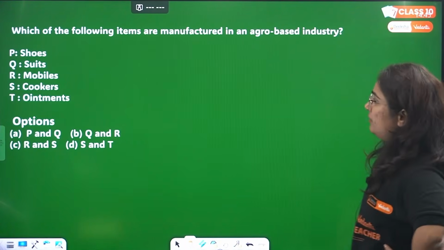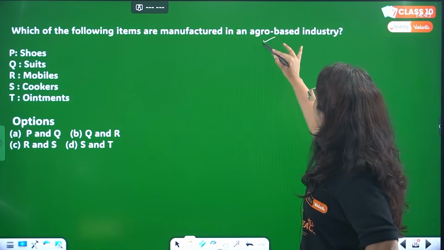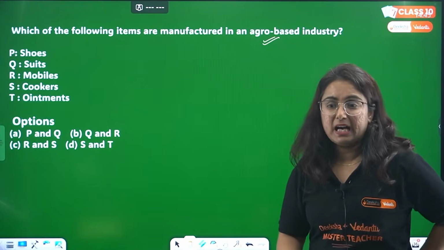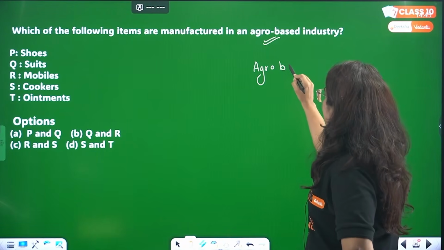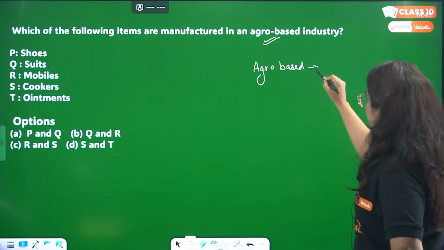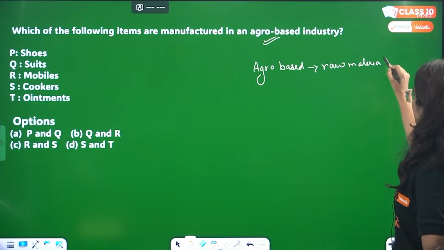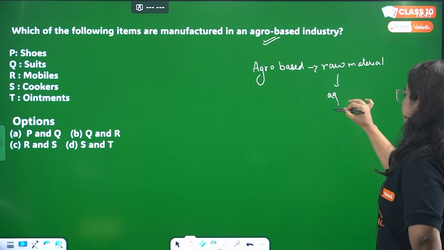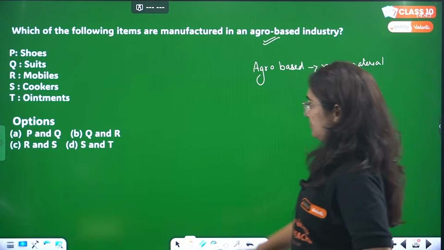Great. We have more questions now. Which of the following items are manufactured in agro-based industries? Beta, if you're not aware, agro-based industries are the industries in which the raw material comes directly from the agriculture sector.